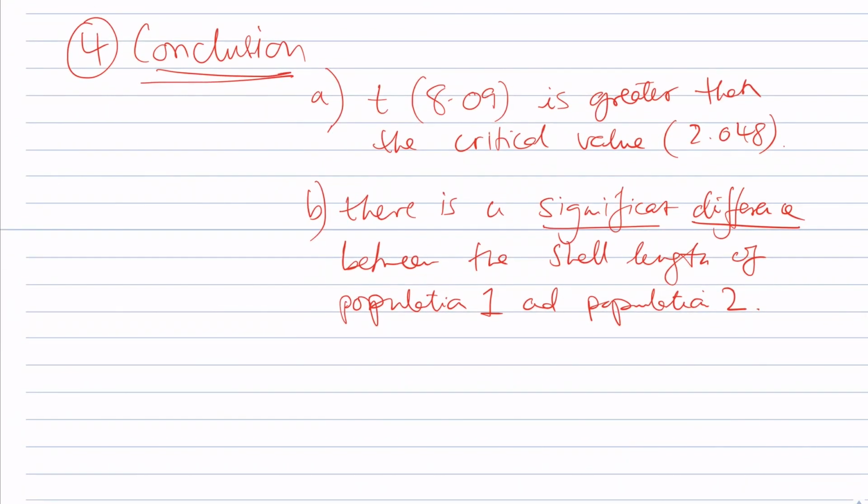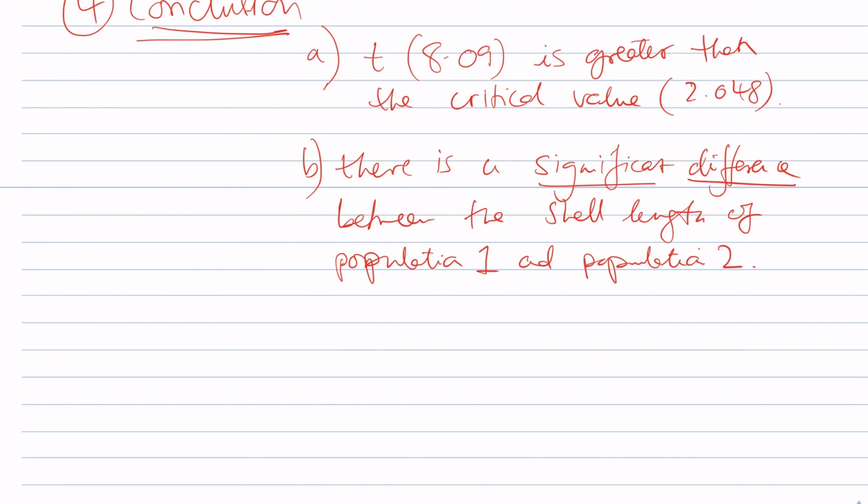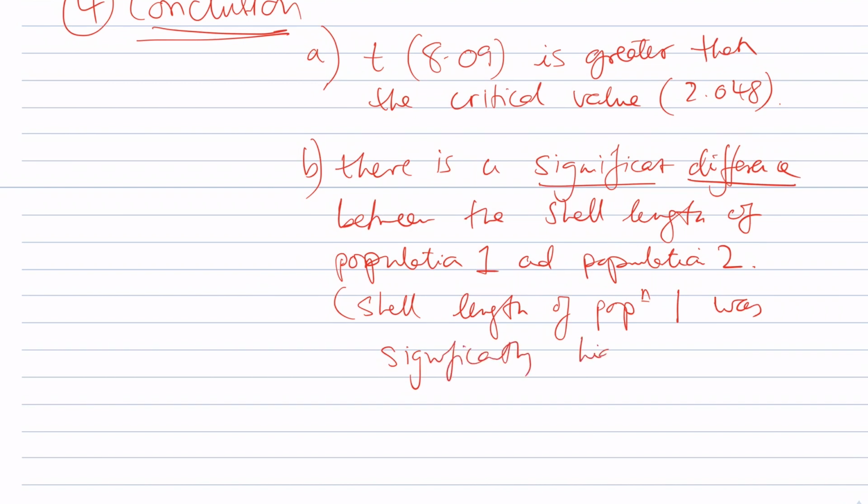And since we know what that difference was, we might even want to say that in fact the shell length of population 1 was significantly higher than shell lengths of population 2.